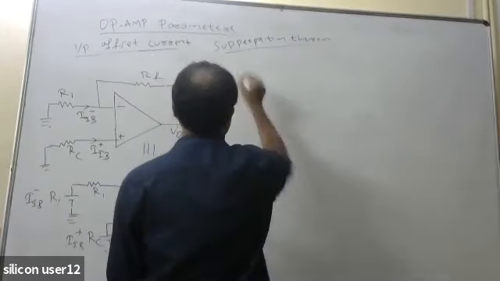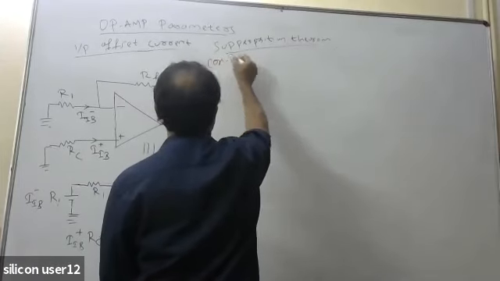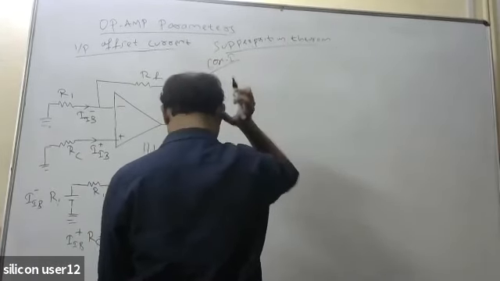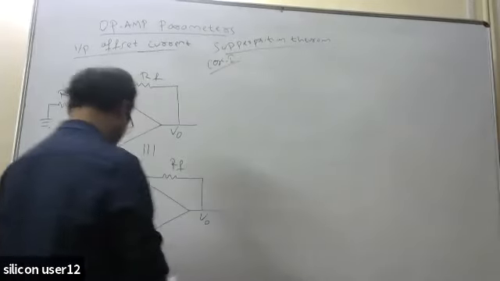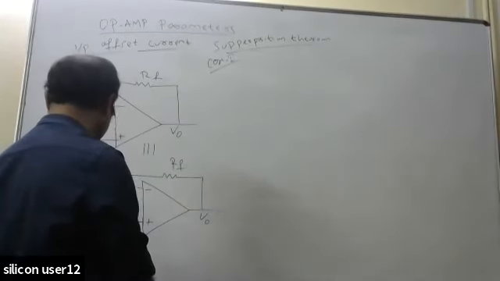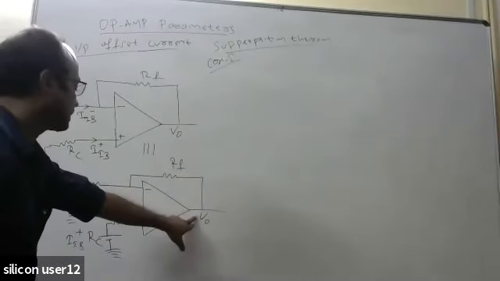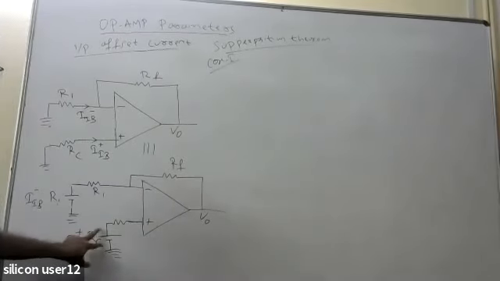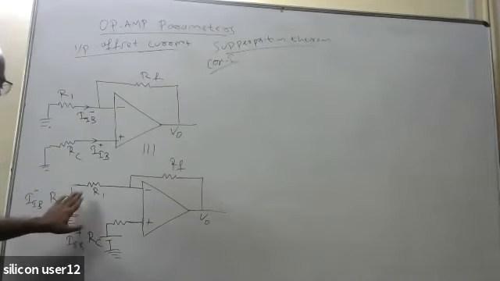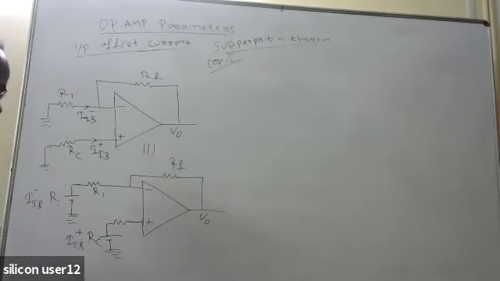First I'll find V0 plus, case 1. That means I'm finding the voltage here due to the application of this voltage, assuming this part is 0.